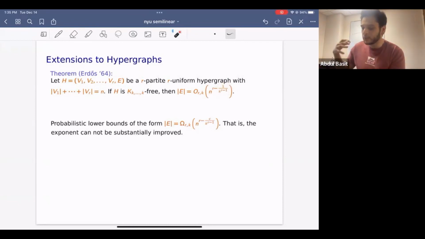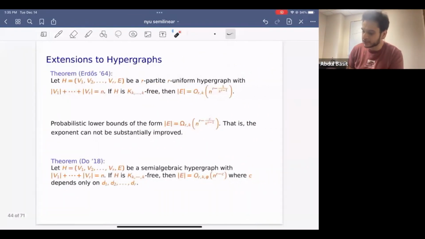But if we move to semi-algebraic graphs, then there's a theorem of Tao-Dou, which says that this constant, I can make it depend on d1, d2, up to dr. The bound is n to the r minus c, where c now depends on d1, d2, dr, and it does not depend on k. So it's a significant improvement, and we know you cannot do this for arbitrary hypergraphs.